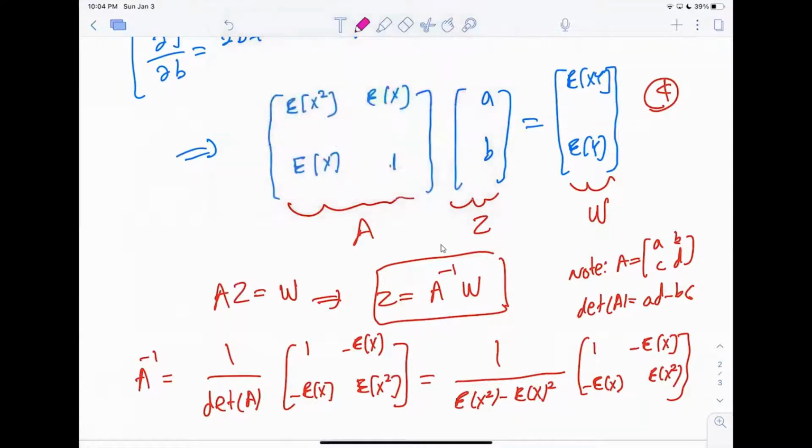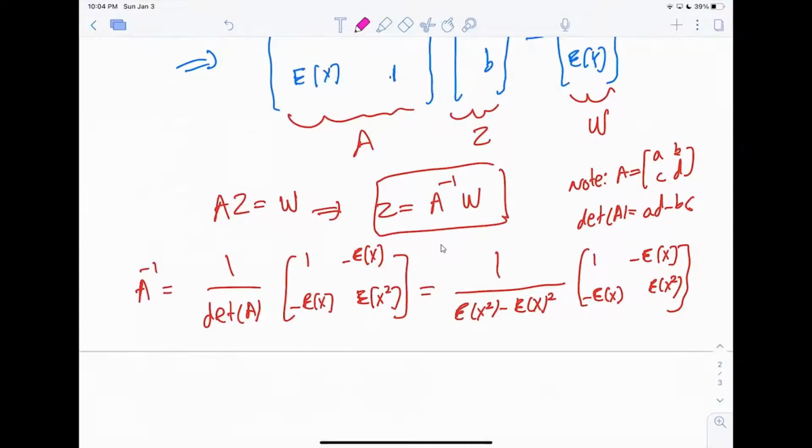Great. Let's observe this equation here. What is this term, guys? If you look at this and ask yourself, what is this expression? The denominator, E[x²] minus E[x]². All right, this is just the variance of x.